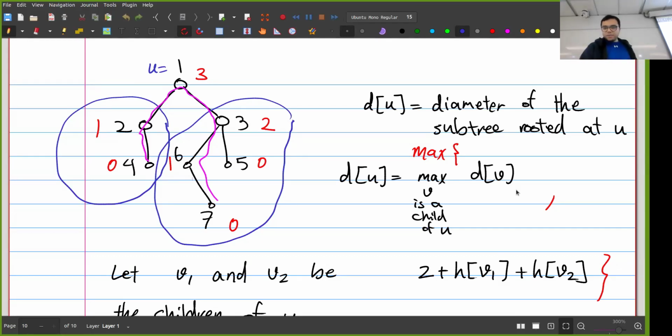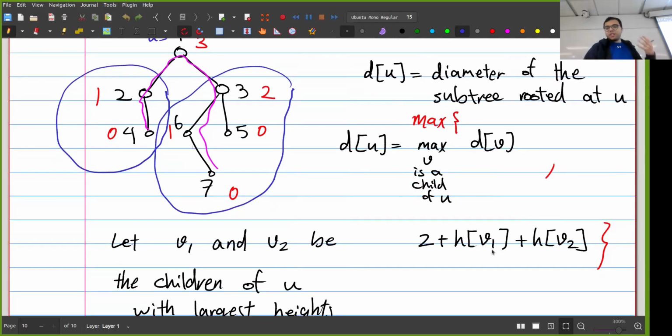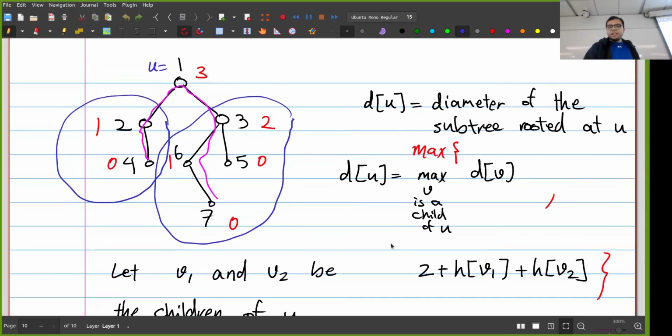If they're in the subtree of the same child V, then that's just D of V, and of course I take the maximum over all the children. And if they're in the subtree of two different children, V1 and V2, then of course, in each of these, I want to go down as much as possible. So it would be 2 plus height of V1 plus height of V2. And we've seen how to calculate heights.